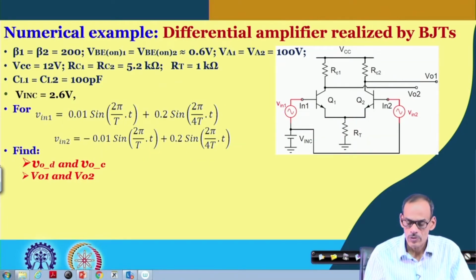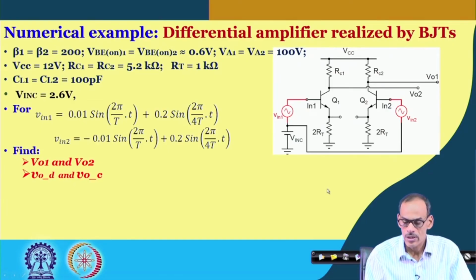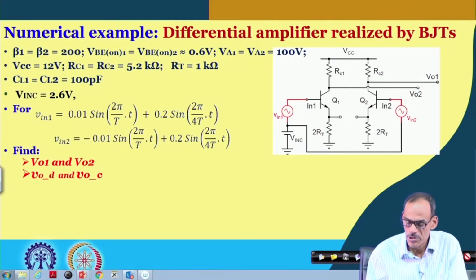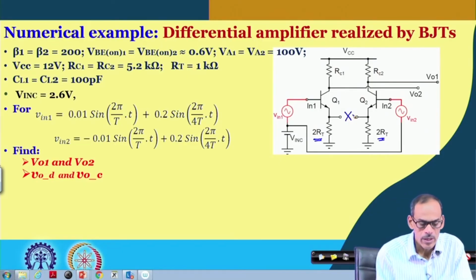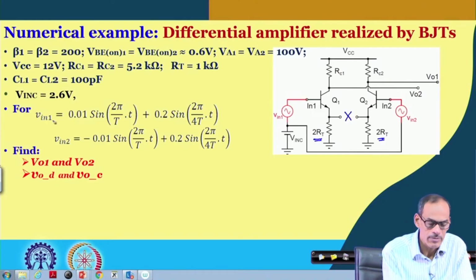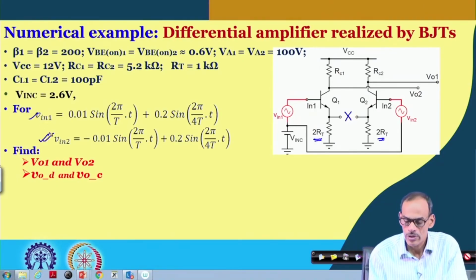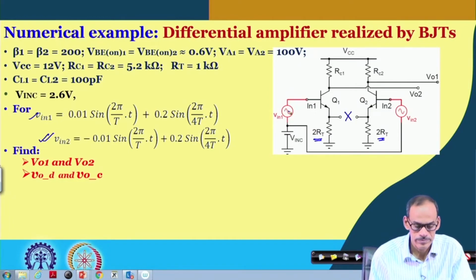So, again we are keeping the same operating point, only thing is that the RT has been split into two identical parts, 2 RT, and also here we have opened it. Now, if we keep the same stimulus, namely Vin1 and Vin2, then what happens?